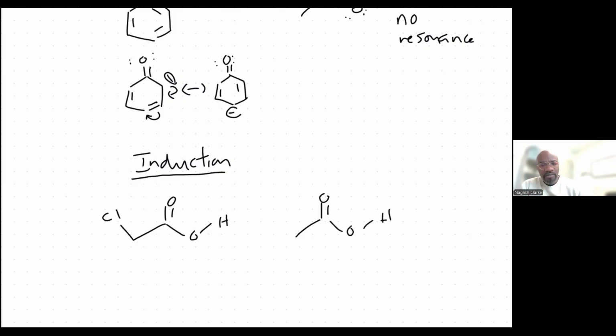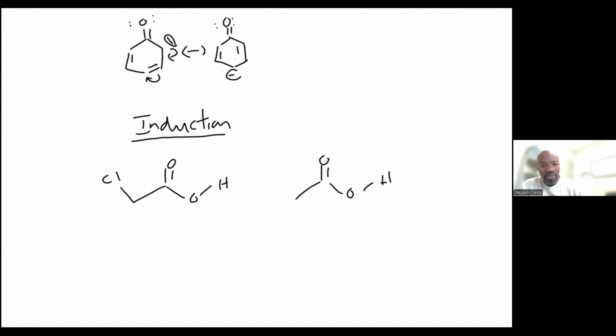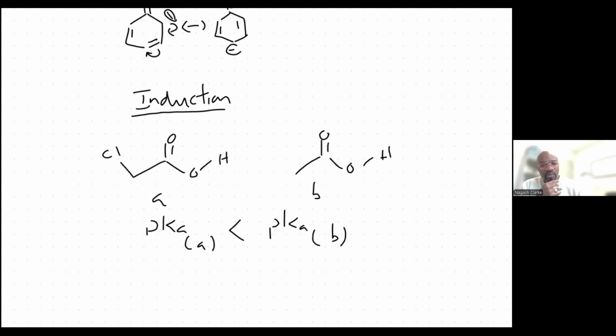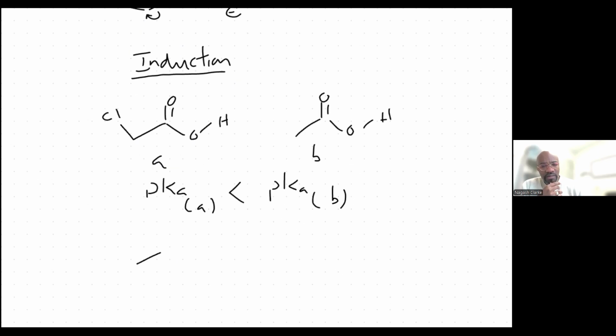So if I compare these two, let's call this A, let's call this B. pKa of A is less than pKa of B. The reason being, when I form my conjugate base, this chlorine, being electronegative, pulls electron density and spreads out the negative charge even better.